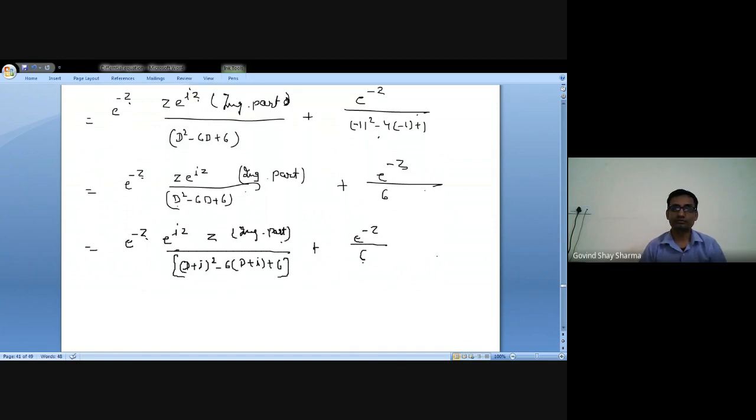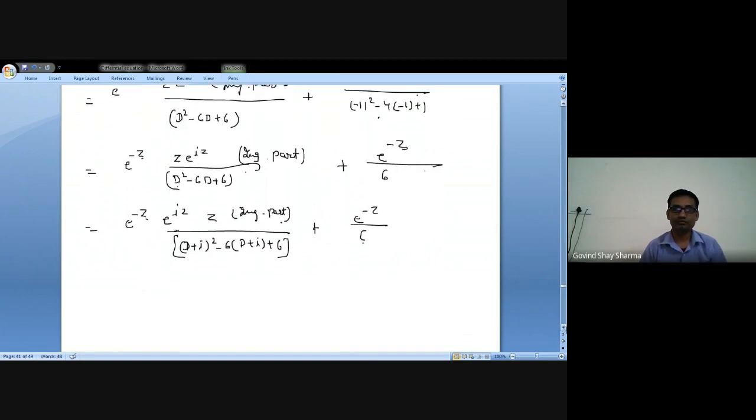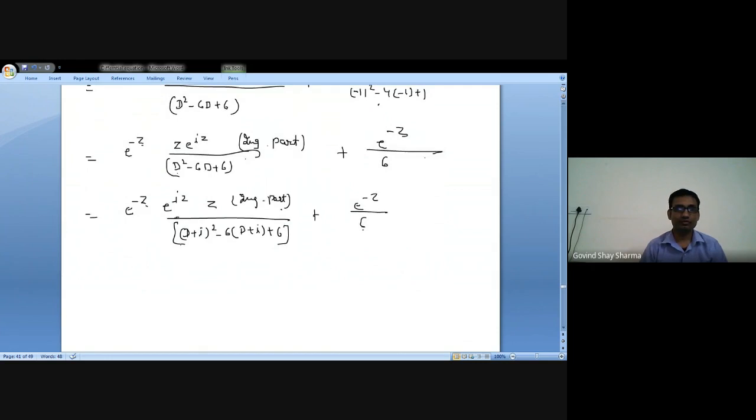So this becomes z upon D plus iota whole square, we open that: D square minus 1 plus 2D iota minus 6D minus 6 iota, plus e to the power minus z.